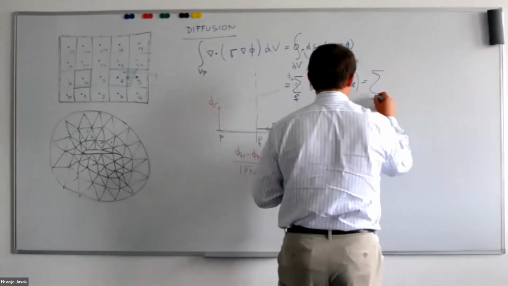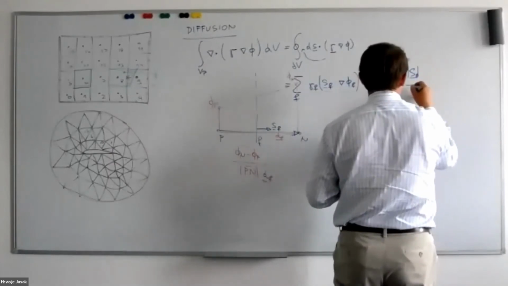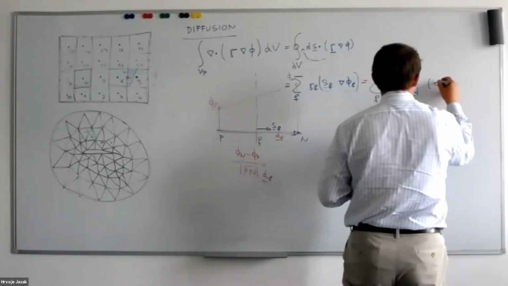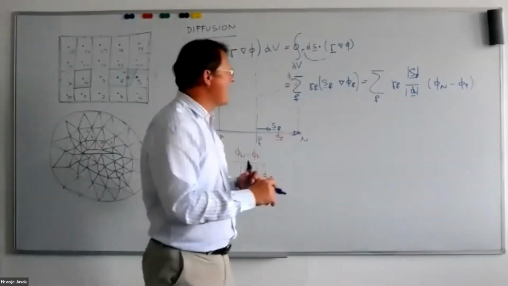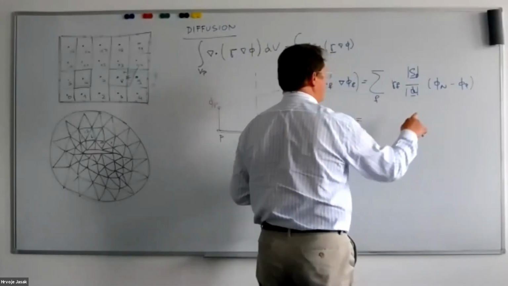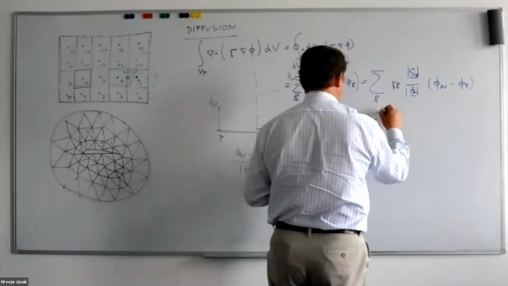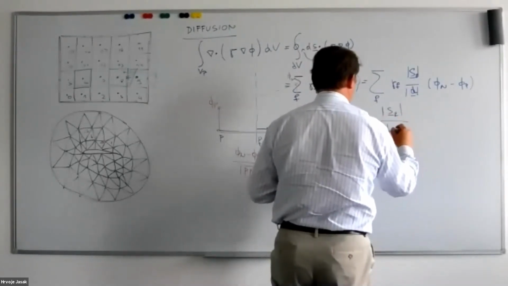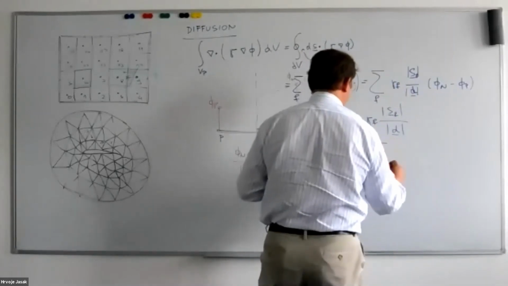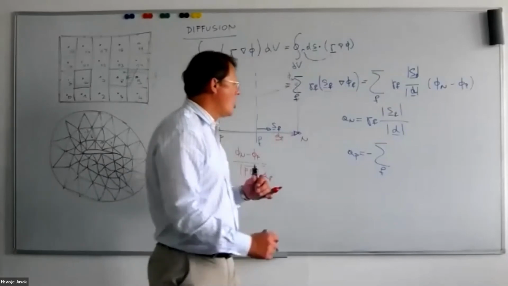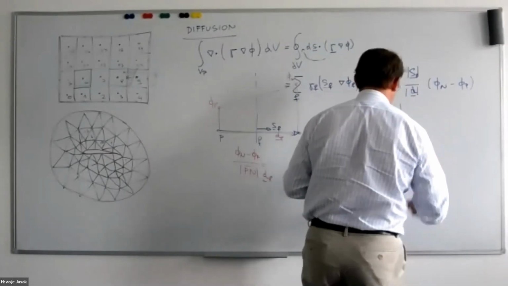Okay, so that will be the sum over the faces, gamma at the face, magnitude face area over magnitude distance multiplied by phi N and phi P. Therefore, my aN coefficient will be equal to gamma f mag S over mag d, and my aP coefficient will carry the sum, because P appears in all the faces, of gamma f mag S over mag d.